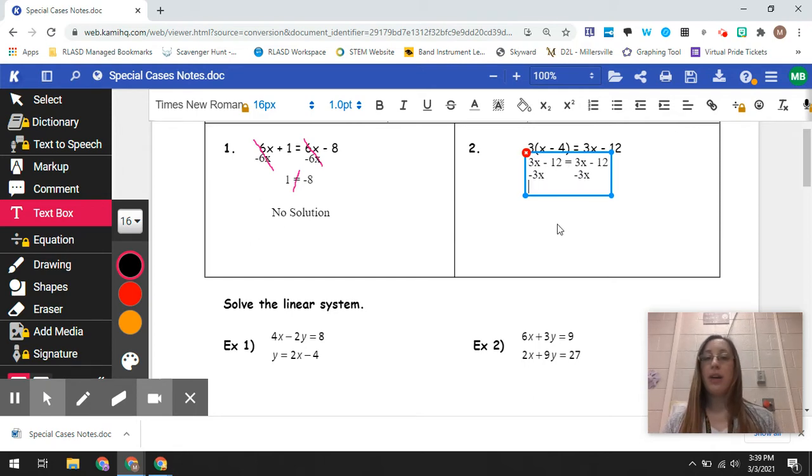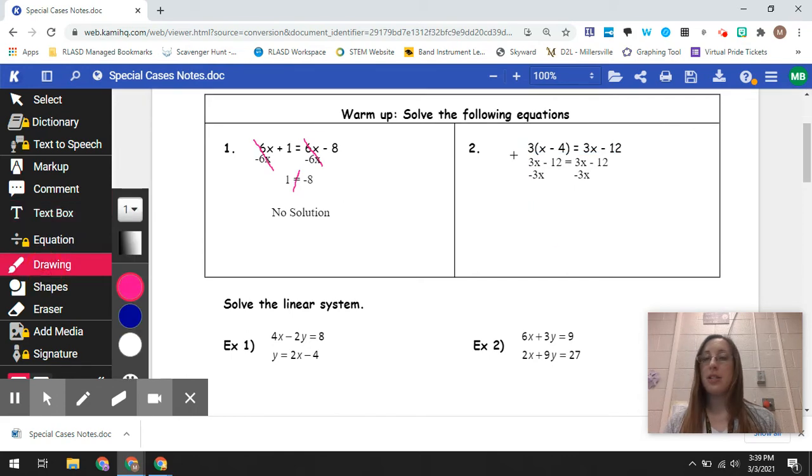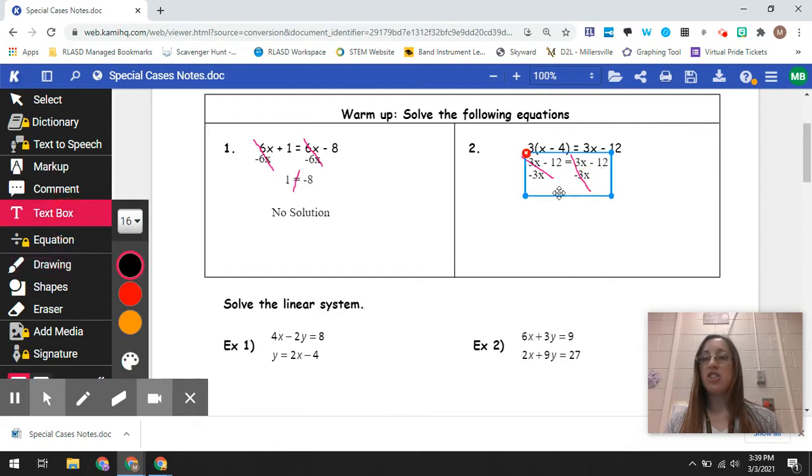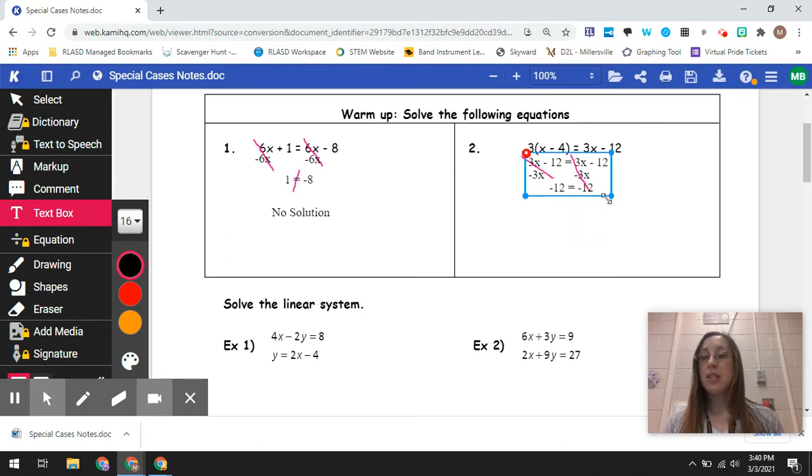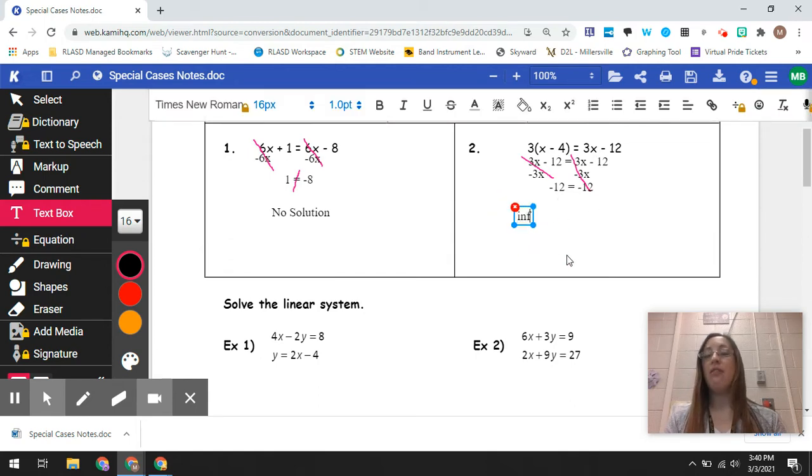So my 3x minus 3x is going to cancel out. My 3x minus my 3x is going to cancel out again. For this question, we end up having -12 on one side, and then we bring down our equal sign, and we have -12 on the other. Looking at this, is -12 equal to -12? The answer is yes. So my answer is going to be infinite solutions.